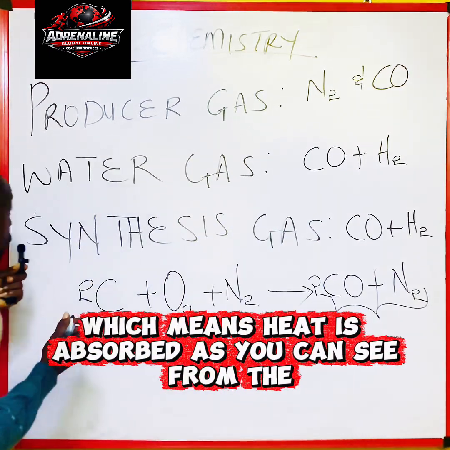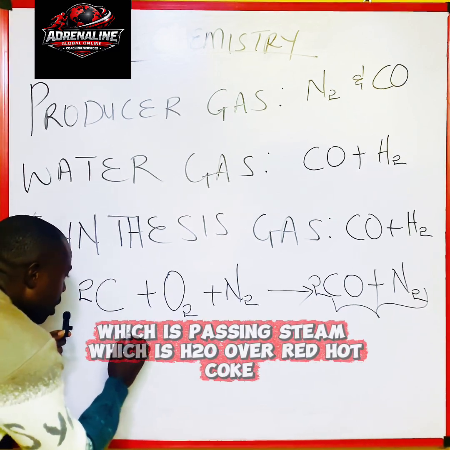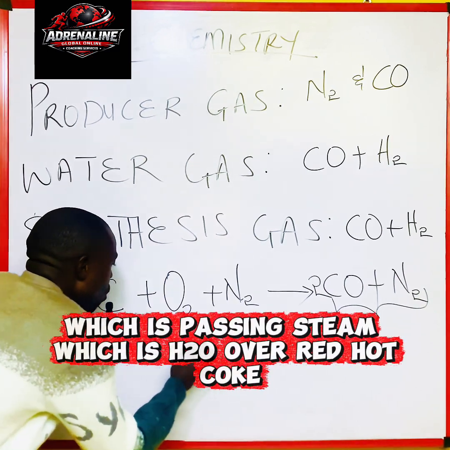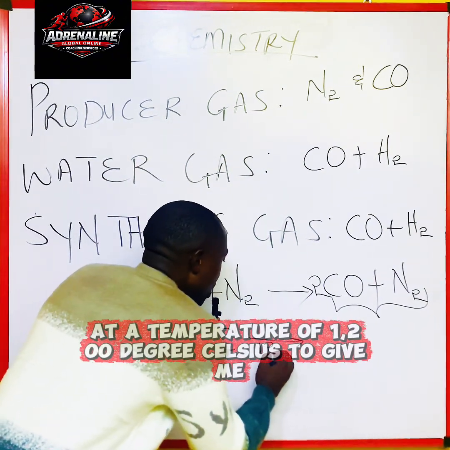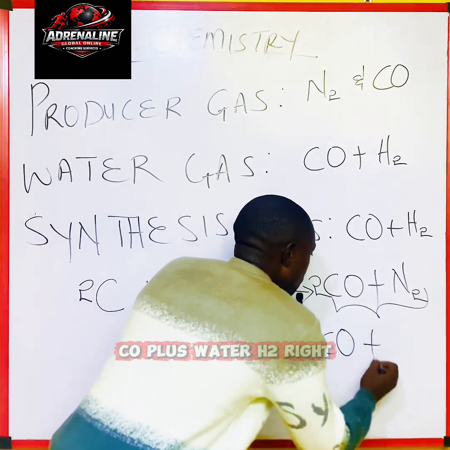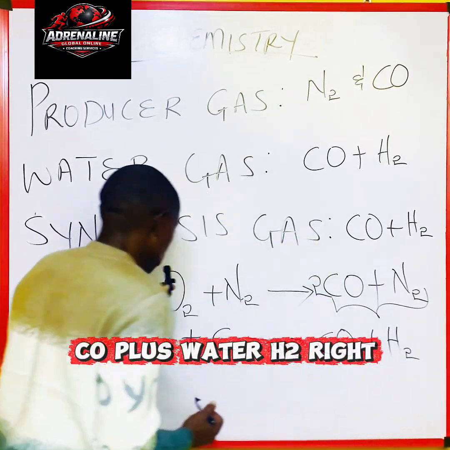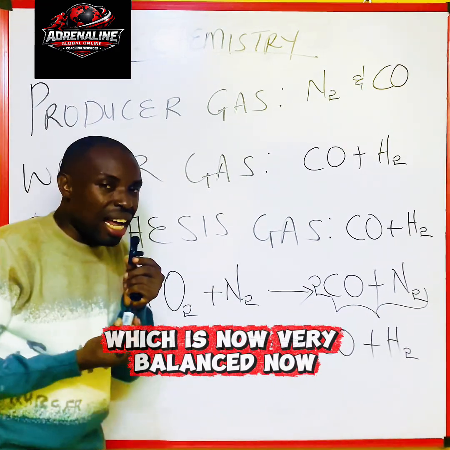As you can see from the equation here, passing steam, which is H2O, over red hot coke, which is carbon, at a temperature of 1200 degrees Celsius, gives CO plus H2, which is now balanced.